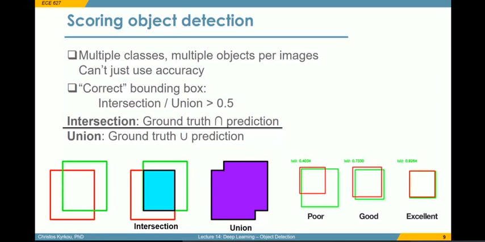And basically for each true bounding box, we select the one with the highest overlap. We find this overlap through the intersection over union metric. And as the name suggests, it's the ratio between the intersection, which is the common area between the two boxes, over their combined total area, which is their union. That's why the name intersection over union.